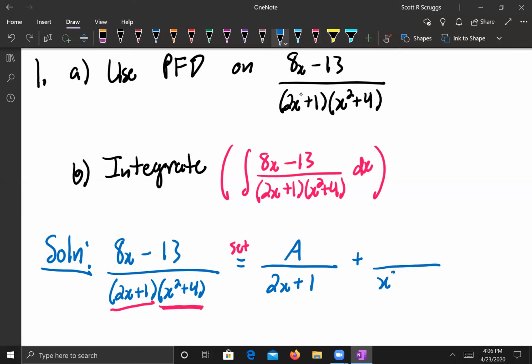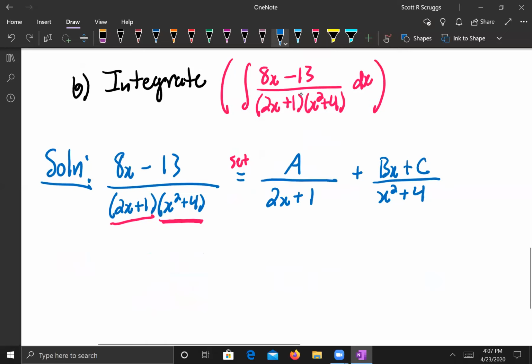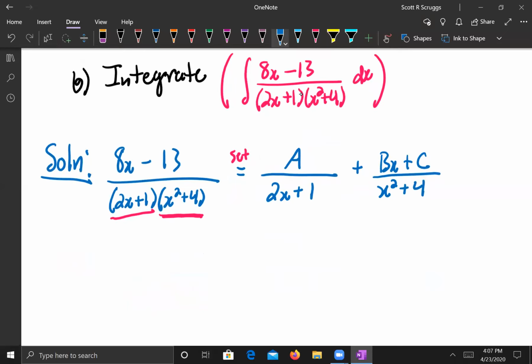For the irreducible quadratic x squared plus 4, because the derivative of a quadratic function is a linear function, it's going to be bx plus c. And so from this, we're now going to solve an equation.